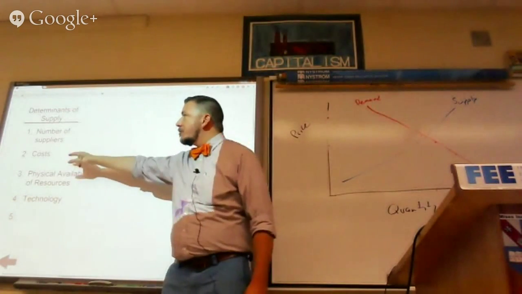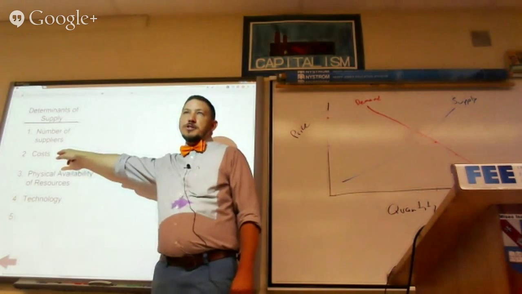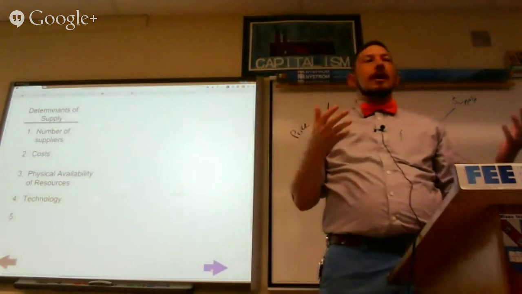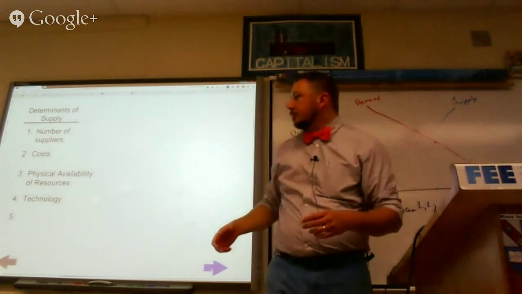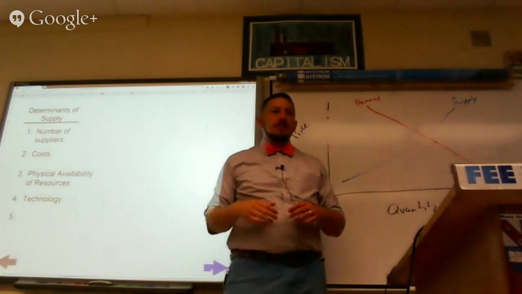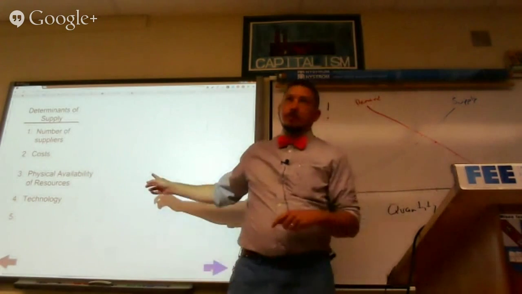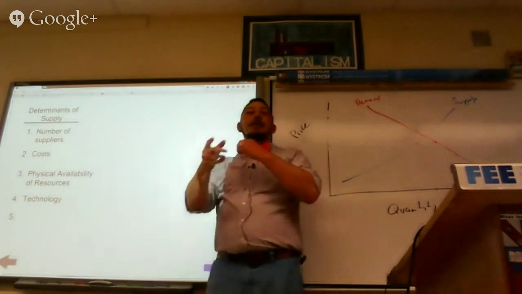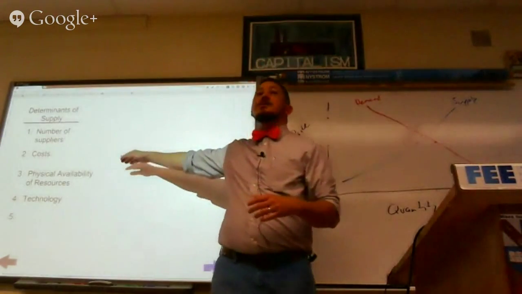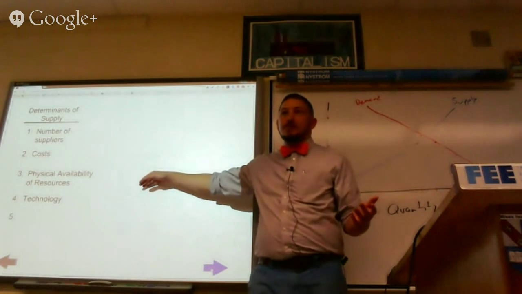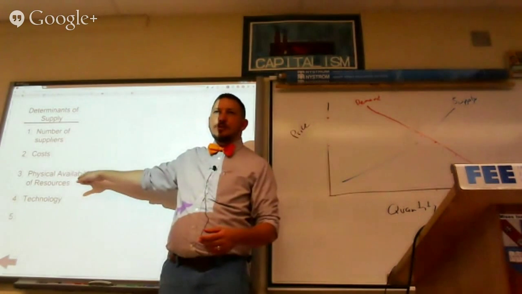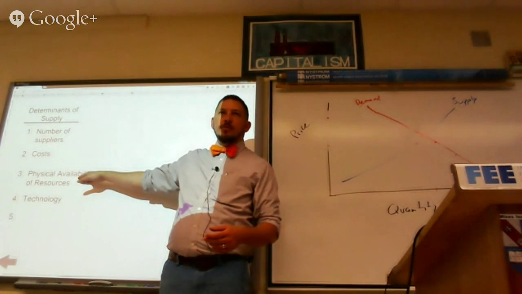New technology can reduce my costs of production, which makes it so that I'm willing to supply more at the same price. Is there anything else technology can do? It can help me try to influence demand. It can decrease the cost of selling an item, decrease the transaction costs of advertising and all that. Can it actually create new resources where there were none before?